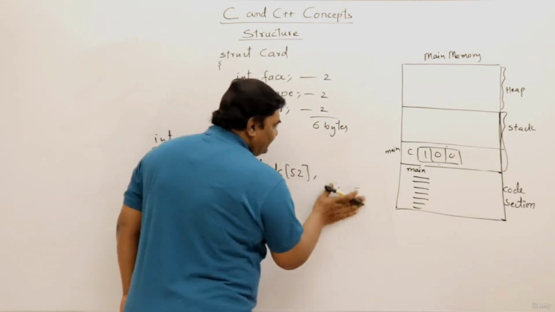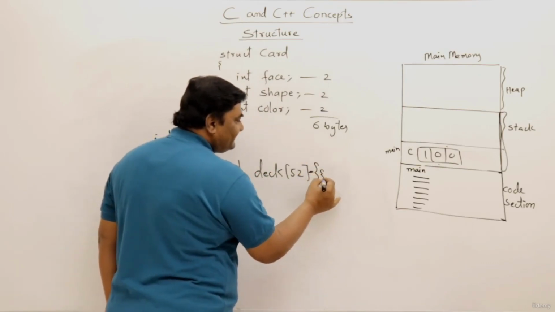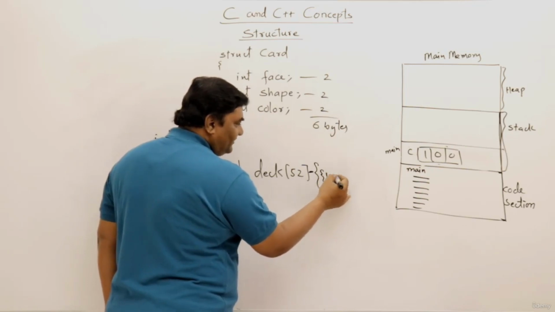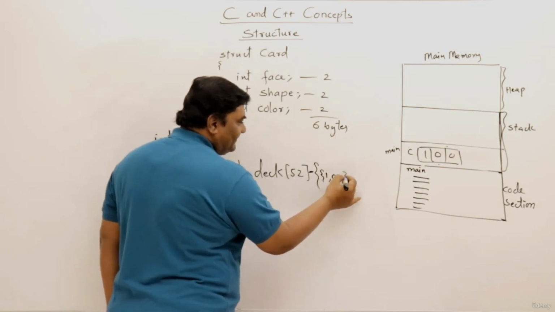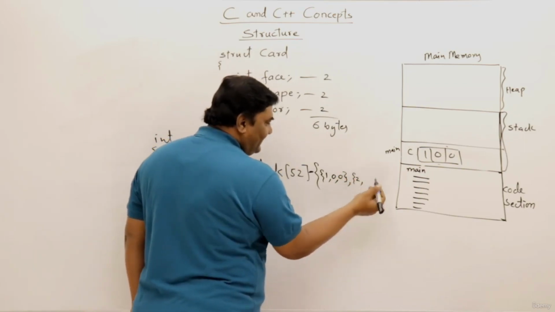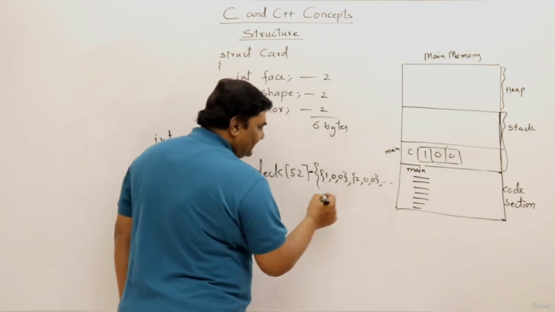So if I want to initialize it, for a few cards I will do. First card is ace of club or clover and black color. This is first card. Then second, that is card 2, face value is 2, and this is club and color is 0. So on, I can fill this one.